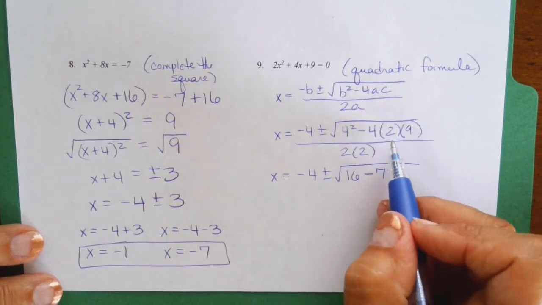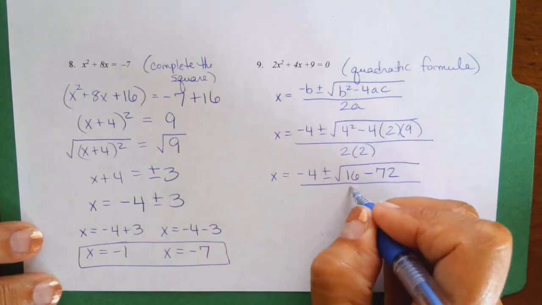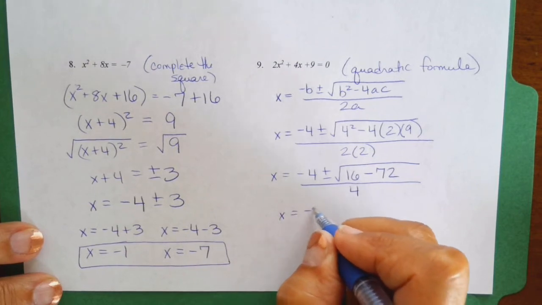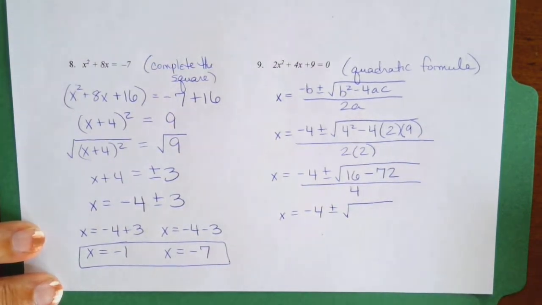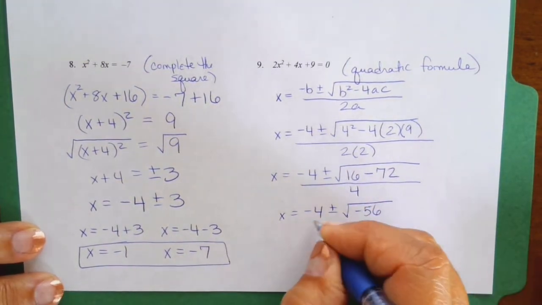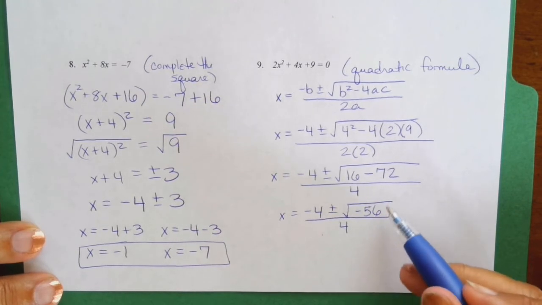All right, so either way. 4 times 2 is 8, 8 times 9 is 72, all over 4. All right, so you can use your calculator if you need to do 16 minus 72. Doesn't really matter. Okay? So 16 minus 72, negative 56 over 4.